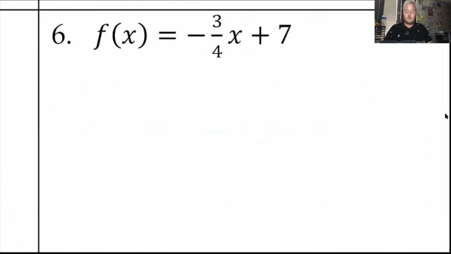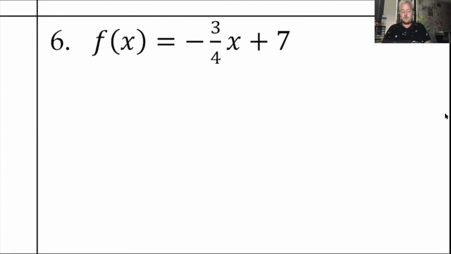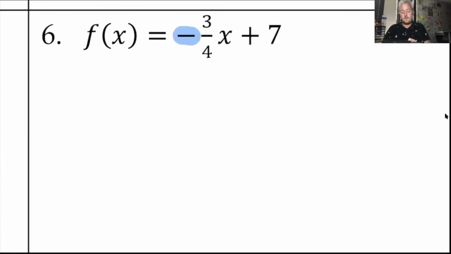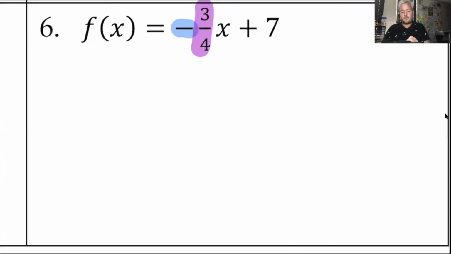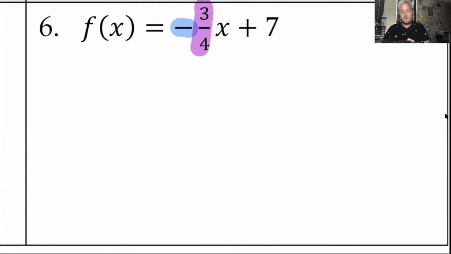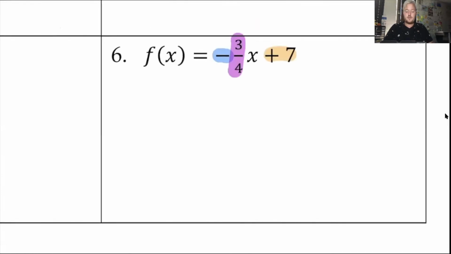All right, over here, number 6. So we have several transformations here. So we have the negative, we have the 3/4, and we have plus 7. So we have 3 distinct transformations here. All right, so that negative is a reflection over the x-axis. So that 3/4, it's less than 1.